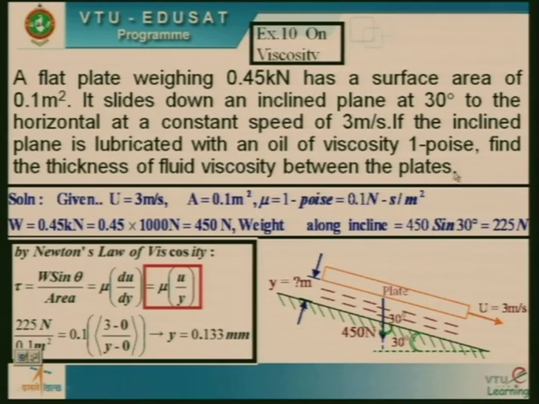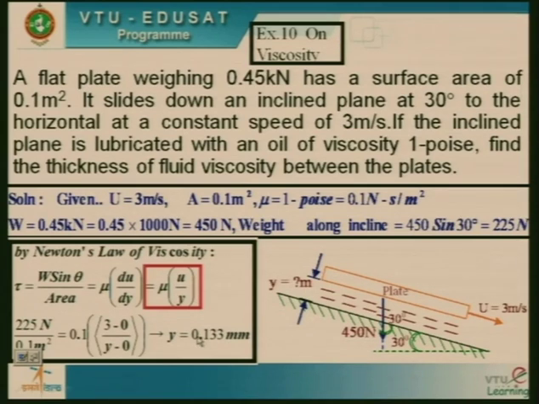My dear friend, 1 poise is 0.1 Newton second per meter square as we converted, and du is 3 minus 0, 3 meters per second. You can see here the velocity. So 3 minus 0 divided by y minus 0, where y is unknown. If you solve this, my dear friends, you get y is equal to, in mm, 0.133.